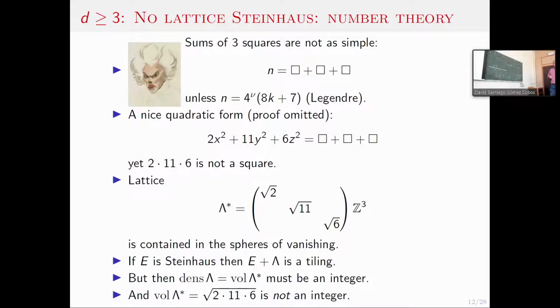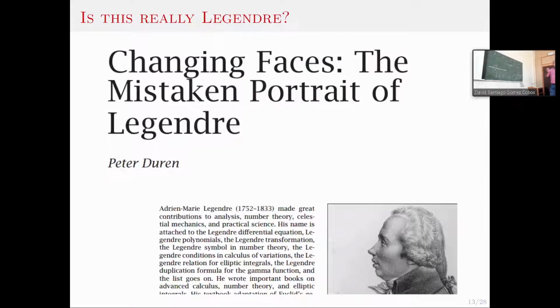There's a story here which I think is nice. For a long time, people thought that this was Legendre. You can find several books where this is shown. At some point, Peter Duren, a very famous complex analyst, I don't know why he cared about this, dug up and realized that that's not Legendre, that's some other guy.